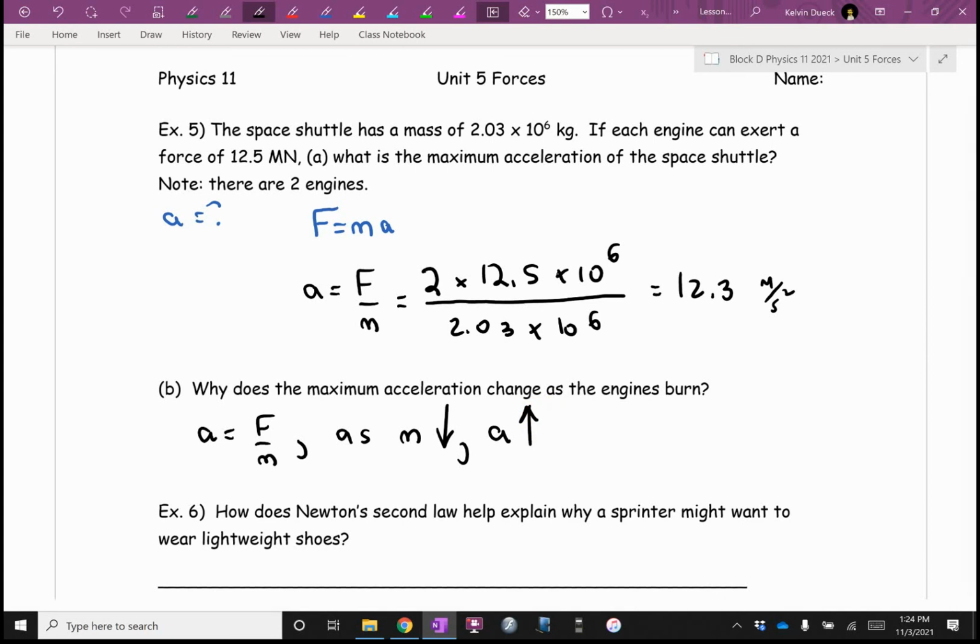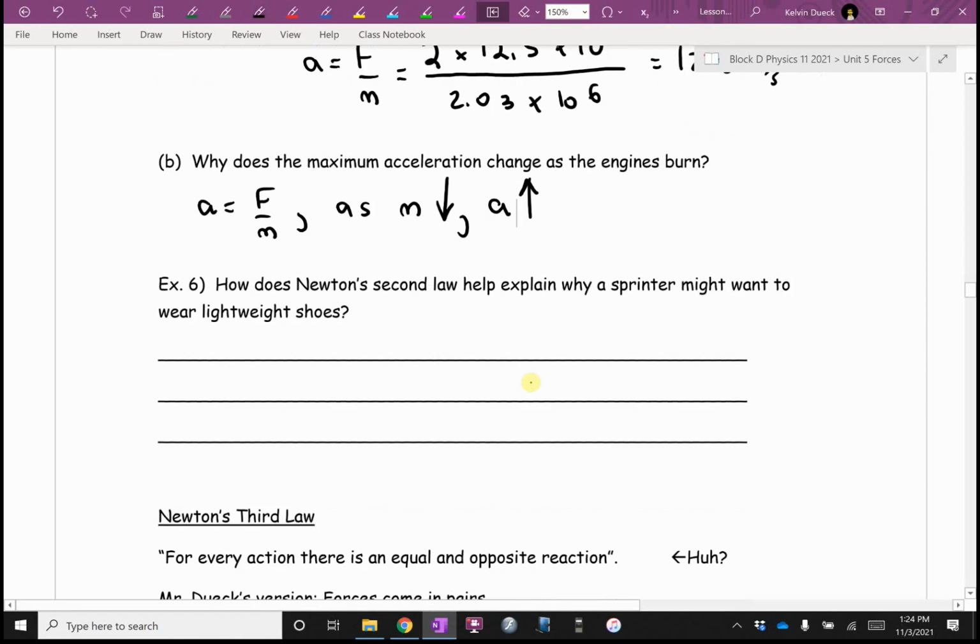How does Newton's second law help explain why a sprinter might want to wear lightweight shoes? I think this is a job for Nick's theorem. Let's write down A equals F over M. So let's suppose you're an Olympic sprinter.